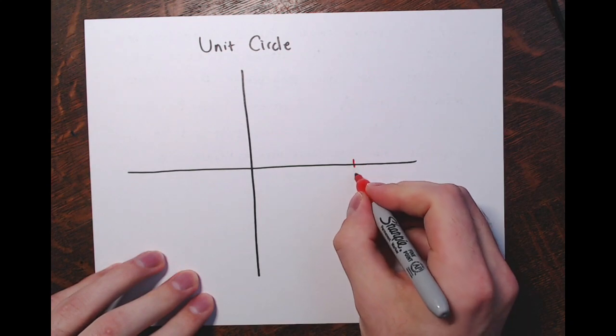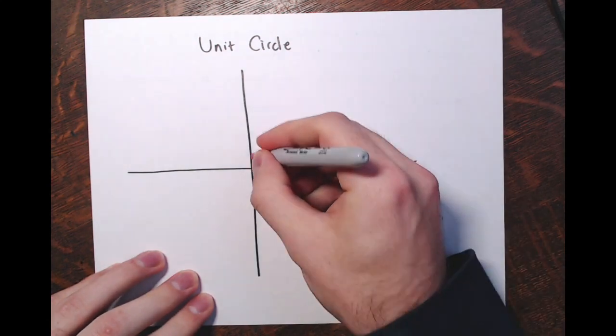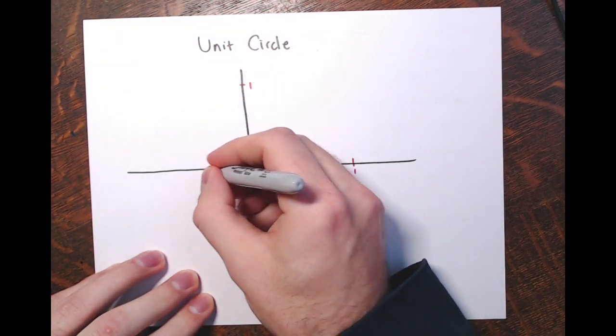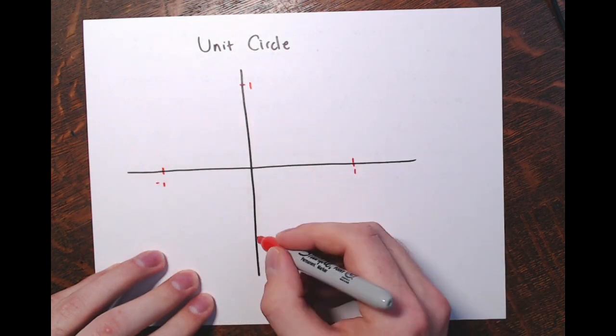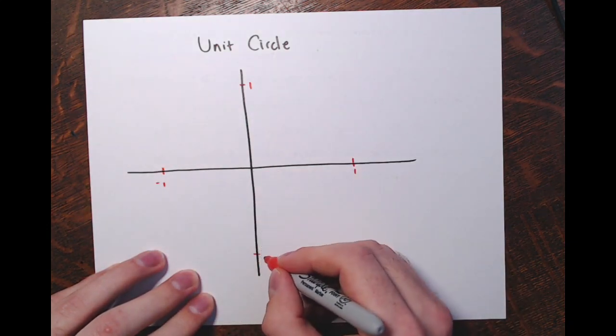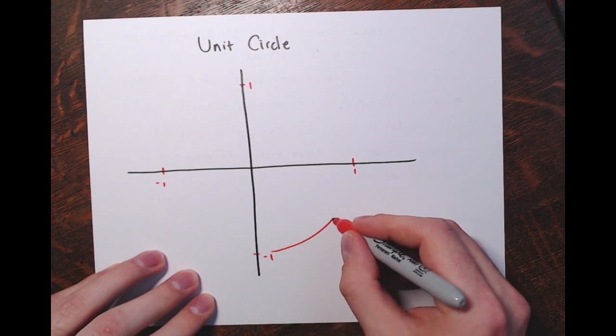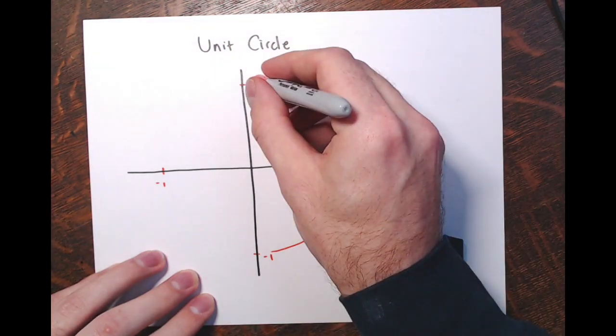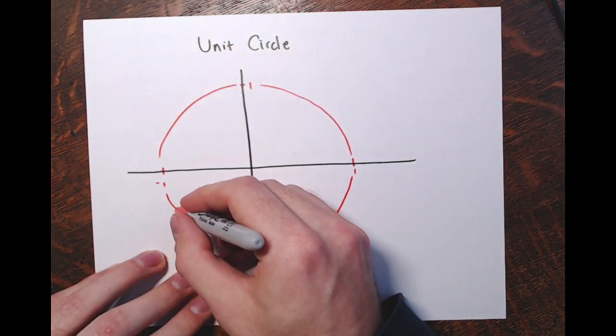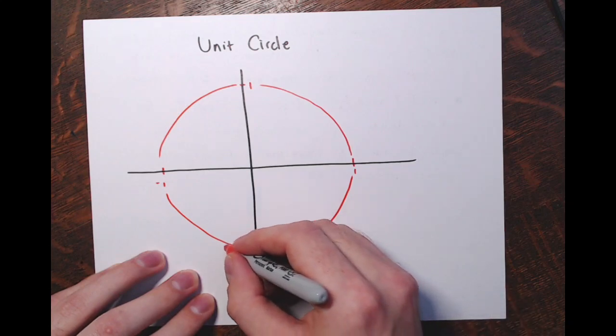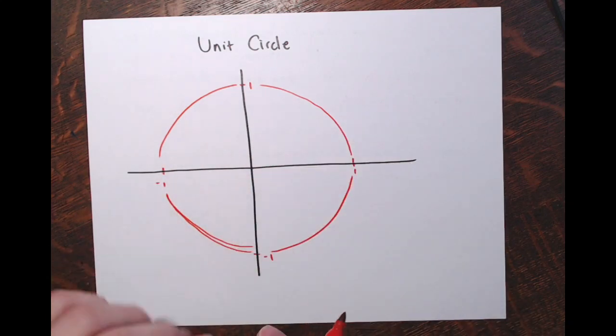So this is the point (1, 0) over here, the point (0, 1), (-1, 0), and (0, -1). All these points I've just drawn are 1 unit away from the origin.